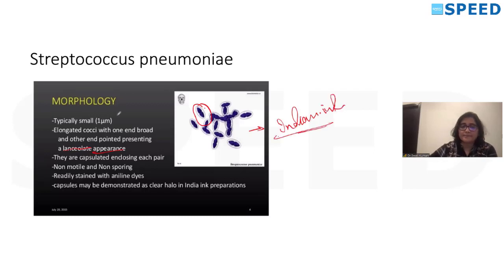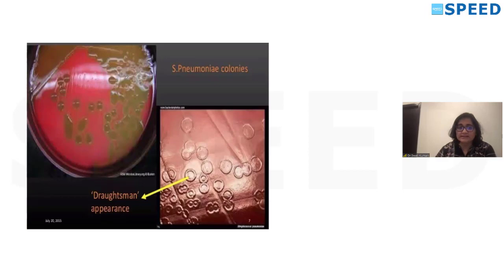Streptococcus pneumoniae is alpha-hemolytic, so it shows green discoloration on the blood agar plate. Draughtsman appearance we see in Streptococcus pneumoniae colony. After 48 hours of incubation, the colony starts dipping in the center because of the autolysin enzyme produced by Streptococcus pneumoniae.